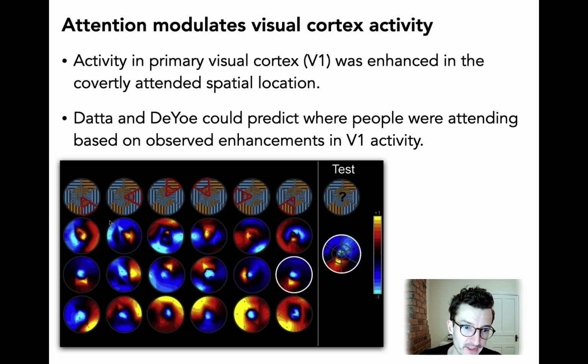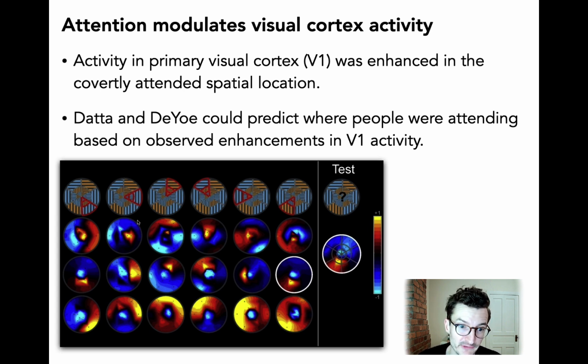So let's break that down. If we look at this image here, the top row reflects where they're attending, right? So this quadrant here versus this quadrant here versus this quadrant here, and so on. The rows below reflect the neural activity in visual cortex. And again, there's this map in visual cortex where the pattern of neural firing roughly reflects where things are happening in your world.